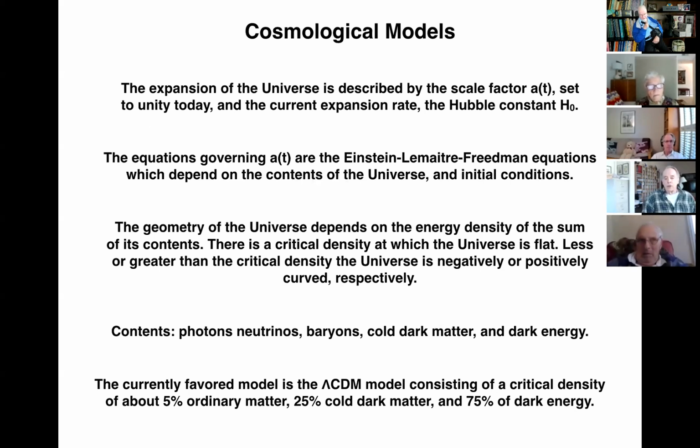The geometry of the universe, whether it's positively curved, flat, or negatively curved, depends, again, on the sum of its contents. There's a critical density of the sum of the contents, the critical energy density for which the universe would be flat, the geometry Euclidean.